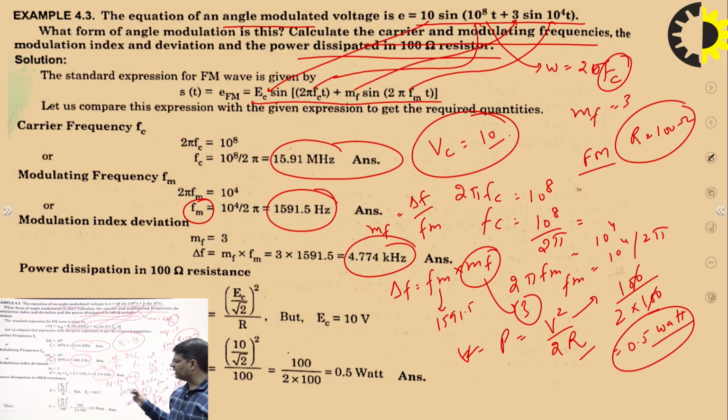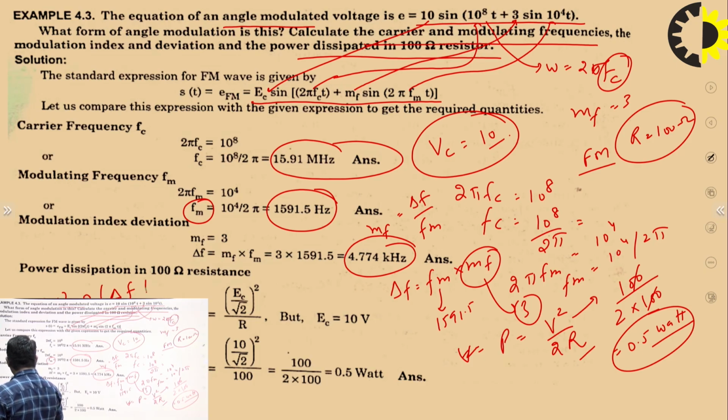We can also calculate the bandwidth for this using Carson's rule. If we have to calculate the bandwidth for this numerical, bandwidth equals 2 into delta f plus fm max.